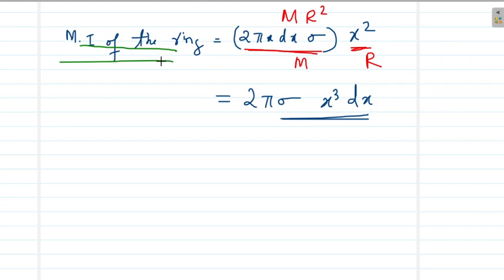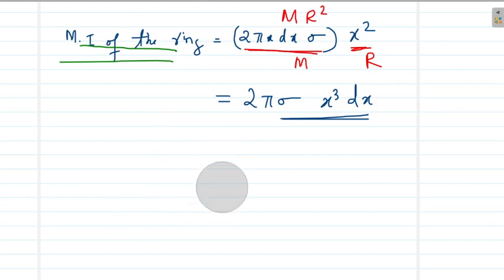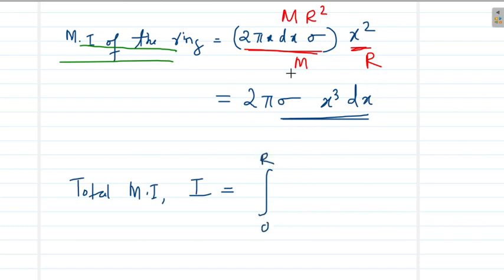The whole disk is made up of a lot of concentric rings from 0 up to capital R. To calculate the total moment of inertia, we will have to integrate from 0 up to capital R. So the total moment of inertia, which is I, is equal to the integral from 0 to capital R of all these moment of inertia values, which is 2 pi sigma into x cube dx.